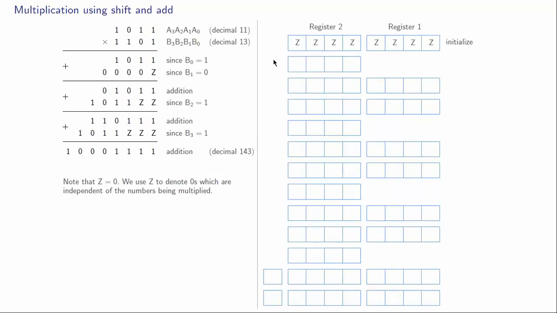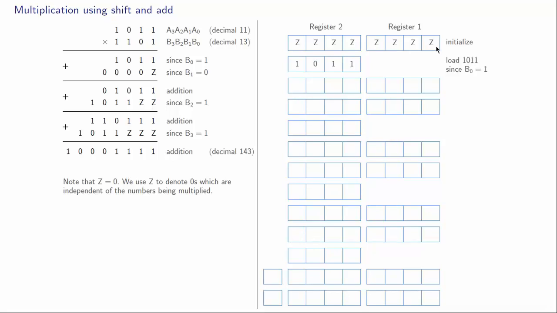Let us see how this method can be implemented. We start with two registers, 4-bit registers, register 2 and register 1. This is going to be our LSB, that is going to be our MSB, and we initialize both these registers with all zeros.